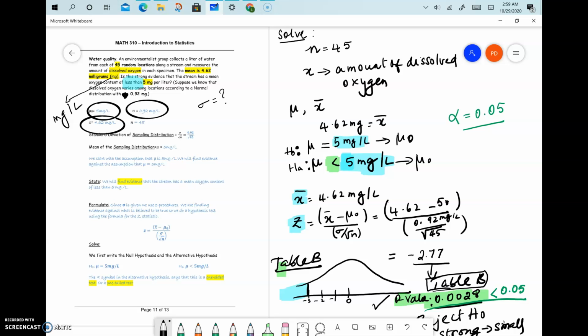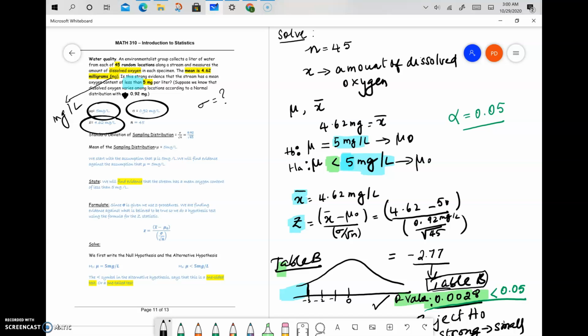Now, the most important thing is to read the question. The question says, is this strong evidence that the stream has a mean oxygen content of less than 5 mg per liter? So clearly, this is not a question where we are asked to calculate the population mean dissolved oxygen.